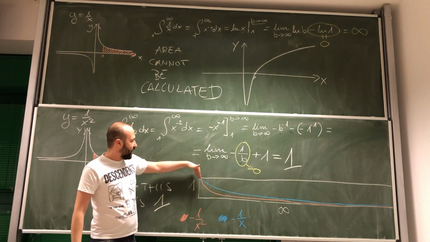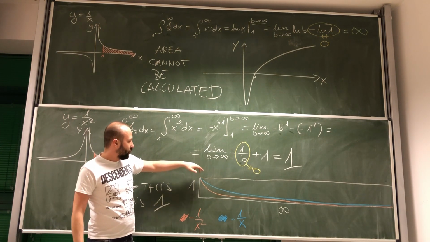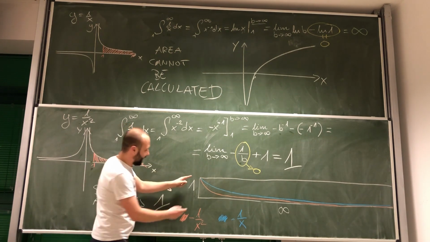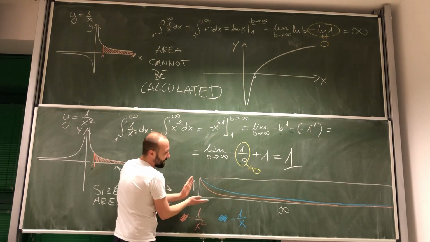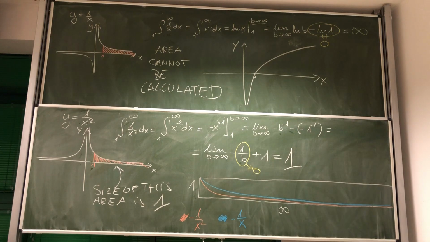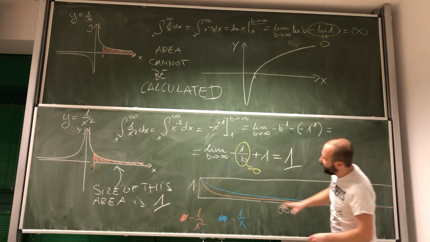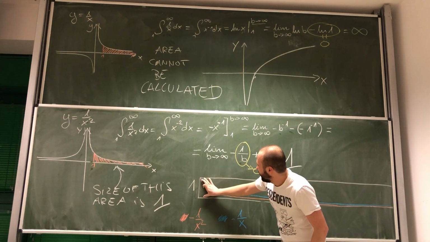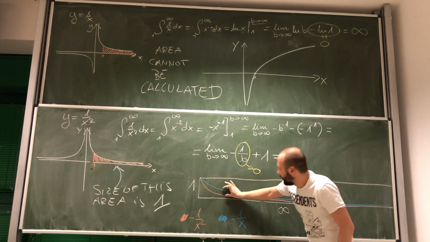In the first case, one side of the rectangle is getting longer and longer, but the height is getting smaller and smaller.